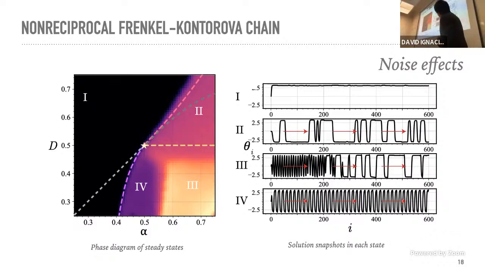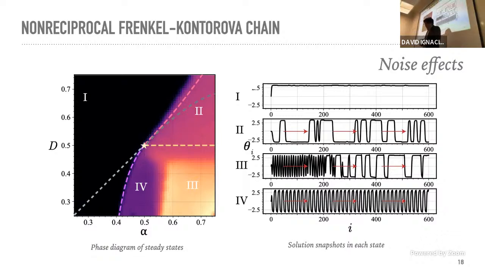And the curves that we previously derived, in particular the curves between regions 1 and 2, and regions 2 and 3, I changed the nomenclature a little bit, are something similar to what happened without noise. And the noise is a small perturbation in the case of regions 1 and 2, but a big perturbation in the case of regions 2 and 3.